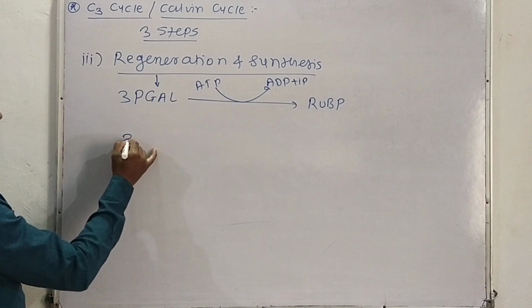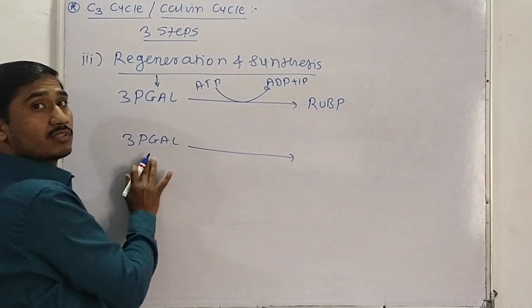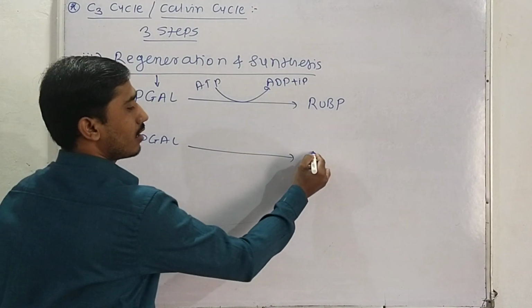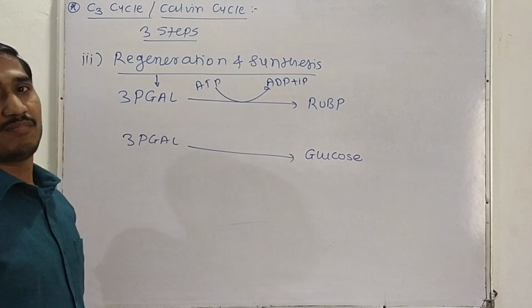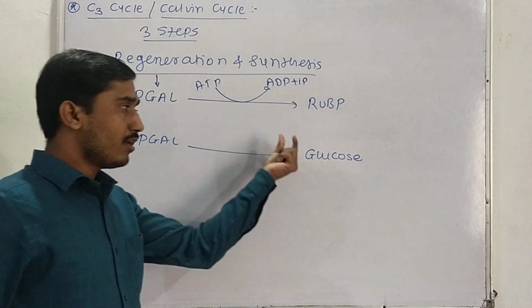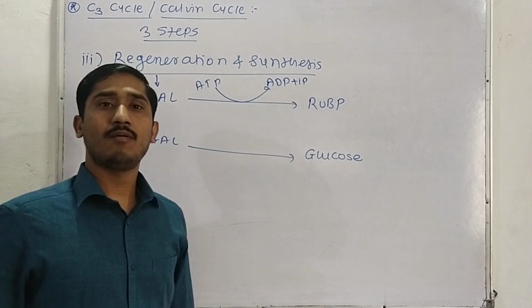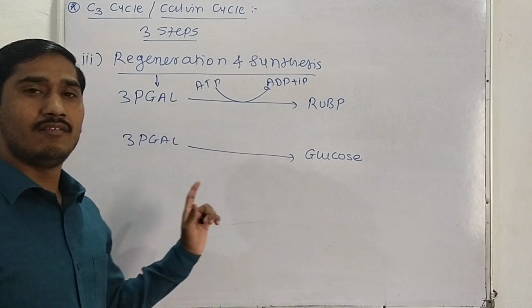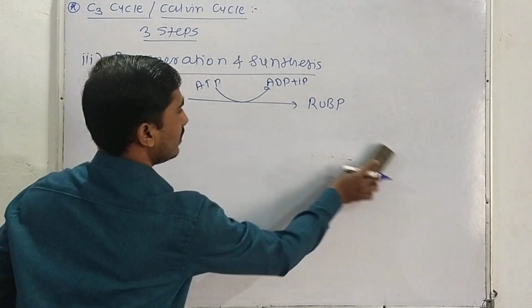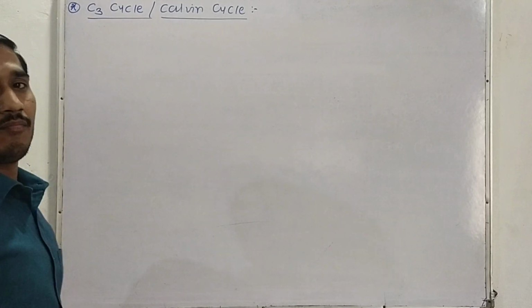That means in synthesis, some molecules of PGAL are converted into glucose, which is a 6 carbon compound, right? This is the pathway followed by plants for the formation of the glucose molecule. So this is the overview of the Calvin cycle. Now we will see the cyclic pathway of the Calvin cycle.